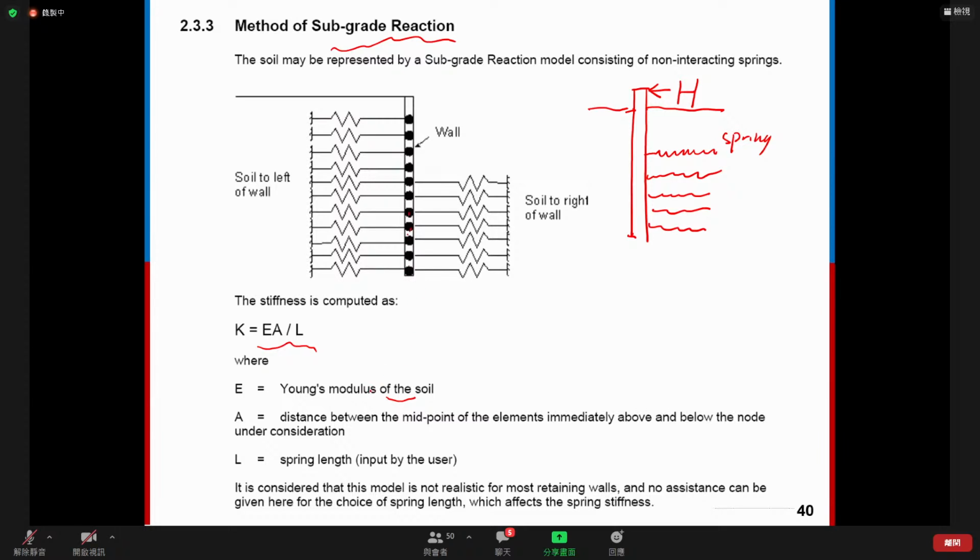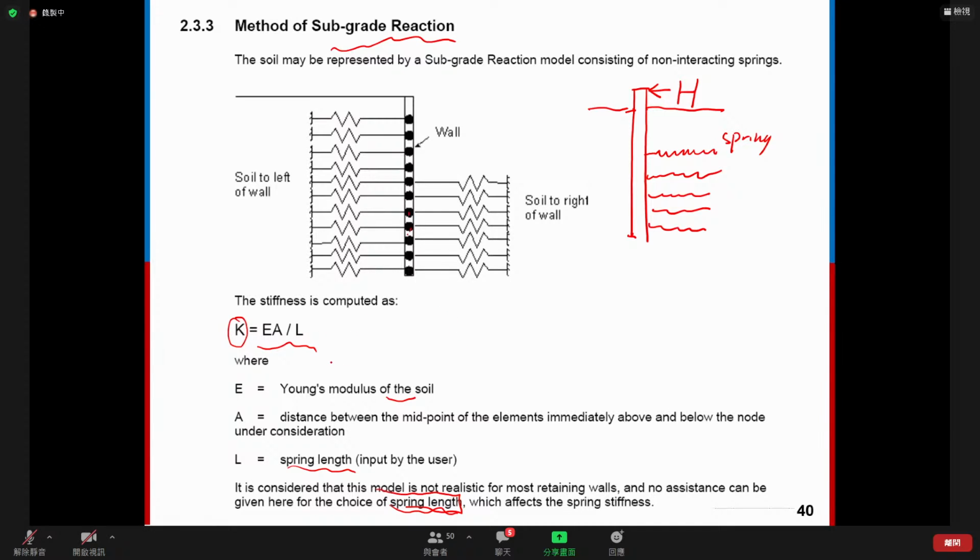Okay, so L is the spring length. It's considered that this model is not realistic for most retaining walls. It's mainly because we have no assistant can be chosen here to determine the spring length. So this spring length will affect the spring stiffness.